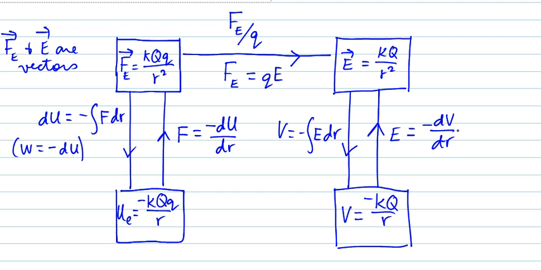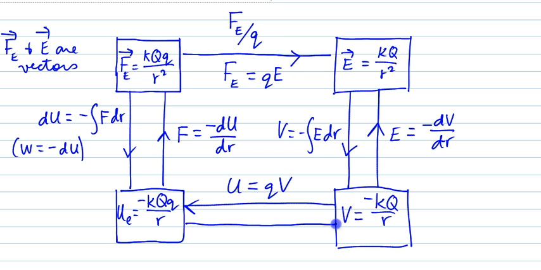And just keep in mind that just like force and field are related by a test charge q, so are potential energy and voltage. So if I multiply electric potential or voltage, that is, by q, I'm going to get potential energy.